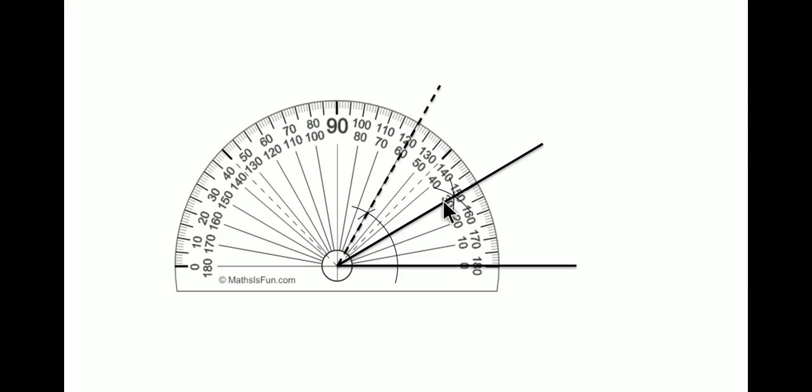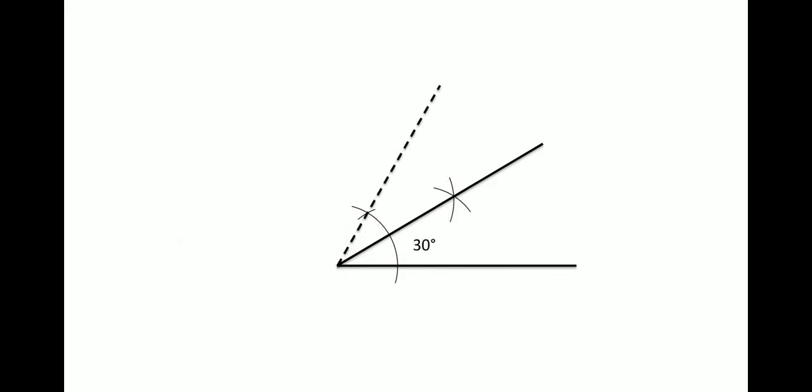See, this is exactly on top of 30 degree. All right, so this angle will be the required angle of 30 degree. So this is how we do the construction of 30 degree.